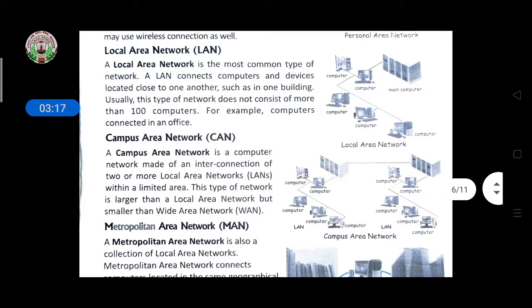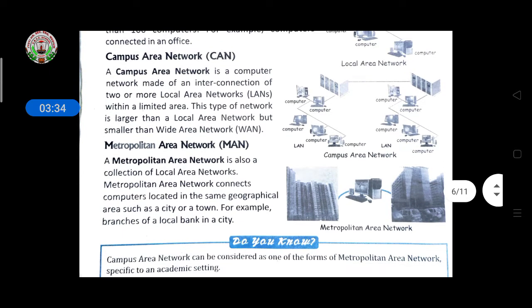Then the campus area network. If in a big campus two buildings are there, and you want to connect the network between the two buildings, it is possible with the help of a campus area network. Then the metropolitan area network is also a collection of local area networks.